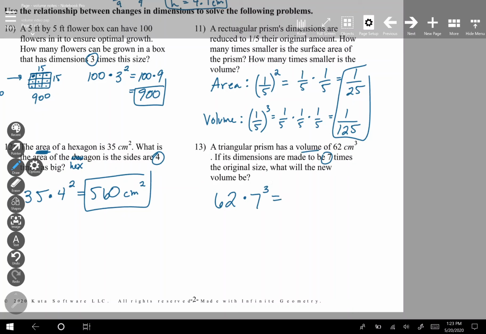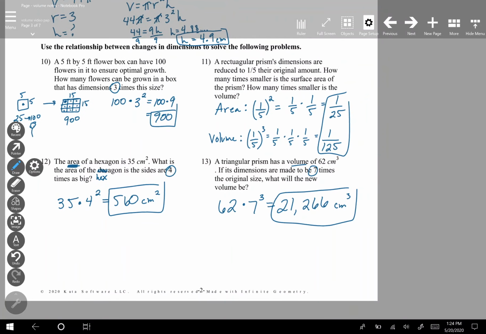So we just do 62 times 7 cubed, and we get 21,266. So it's really just determining, are we dealing with perimeter, area, or volume?